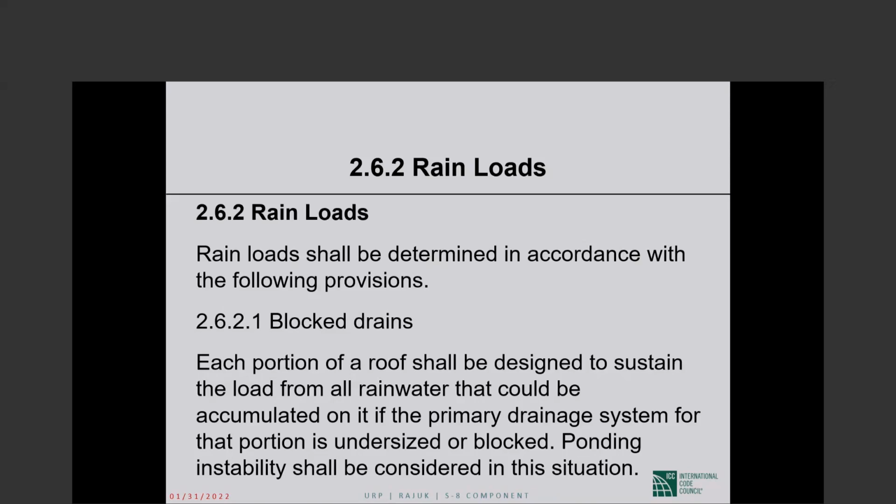Now my question is, does that tell you, let us say we have a roof with a 3-foot parapet, okay, 1 meter tall parapet. So when the primary drain or drains are blocked, do we design it for 3 feet of standing water? Is that what it is telling me? I do not know. This is just a question.